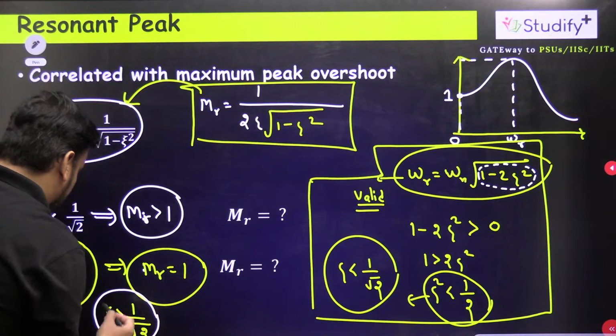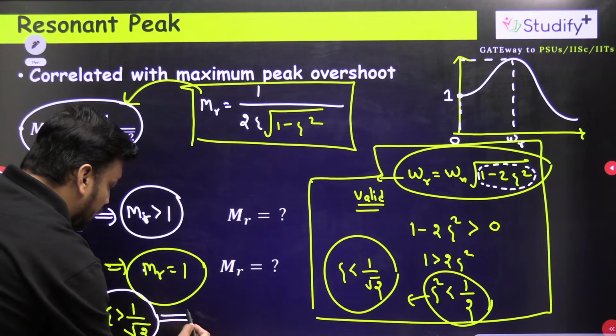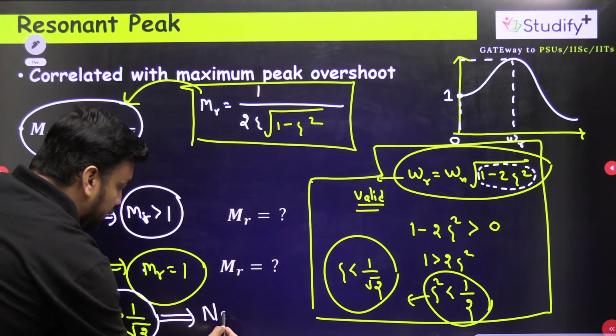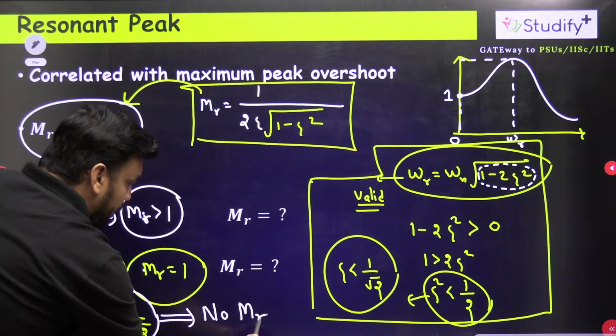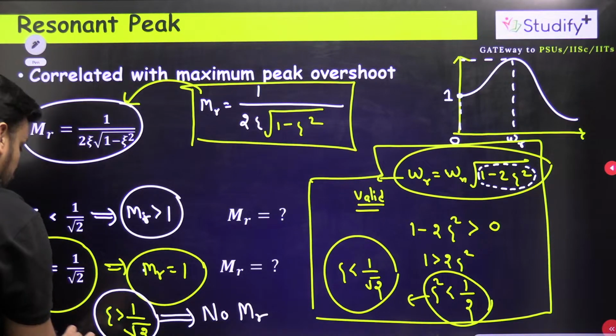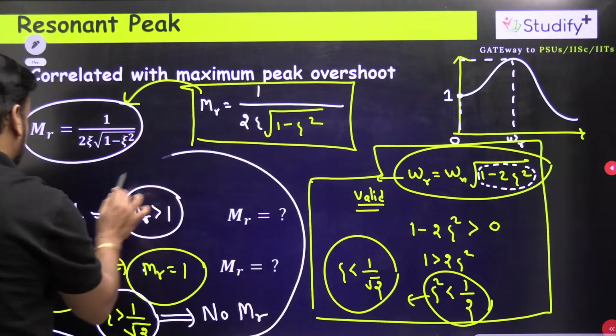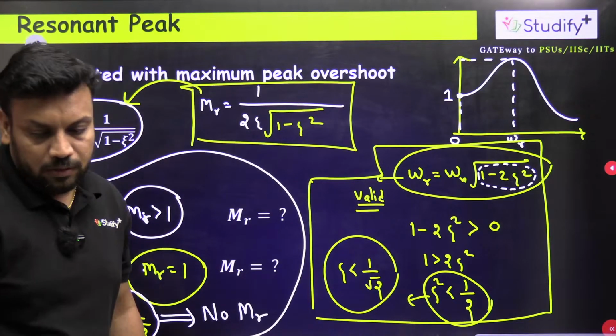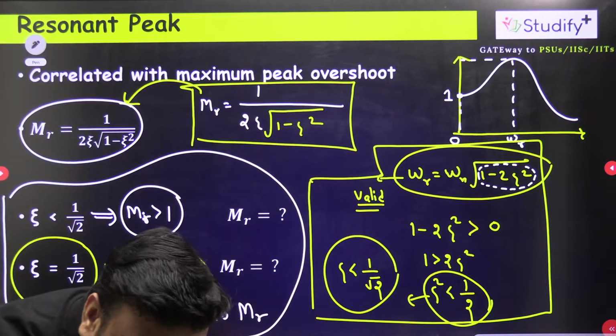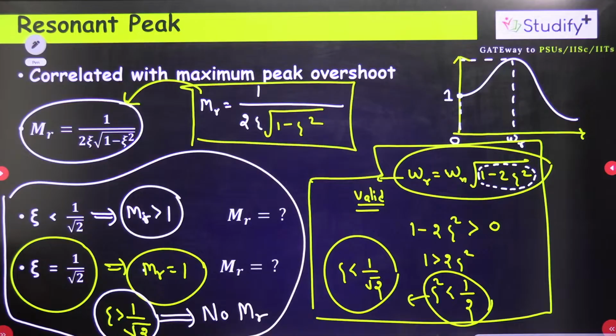So when zeta is greater than 1 by root 2, then there will be no Mr, then there will be no resonant peak, guys. There will be no resonant peak. So you can make this box. Then there will be no resonant peak.